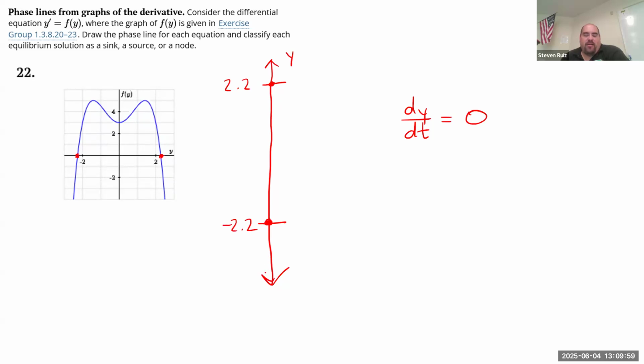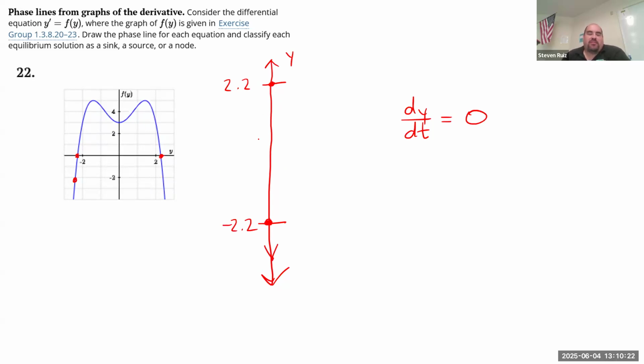So let's start from the bottom again. If I have a y value that's less than negative 2.2, what's the value of dy dt? Anywhere left of that first equilibrium point, it looks like I have a negative value for f of y, which implies a decrease.